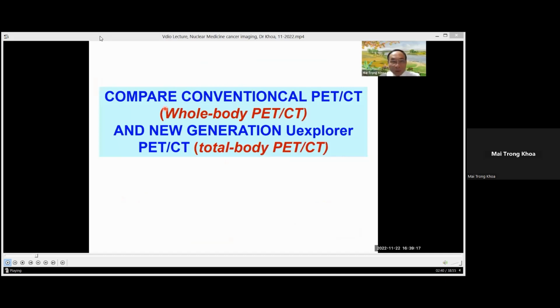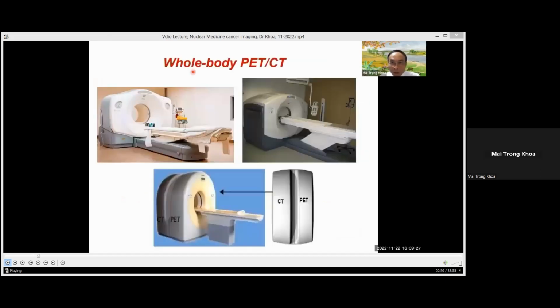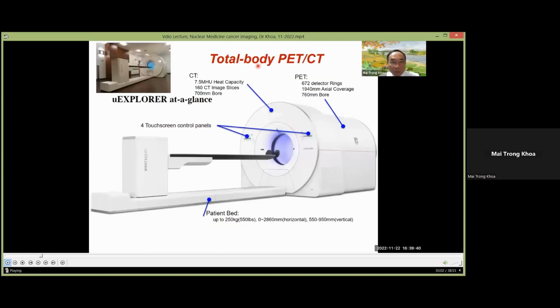The difference between the two types: whole body and total body PET-CT. And this is the image of whole body PET-CT being used very widely today. And now this is the picture of the total body PET-CT.